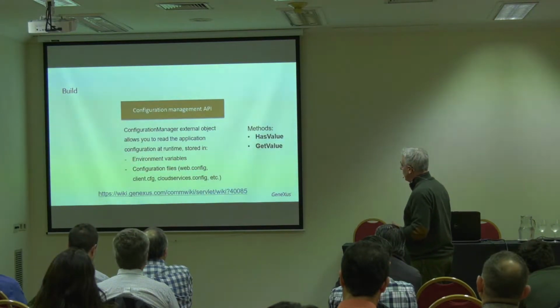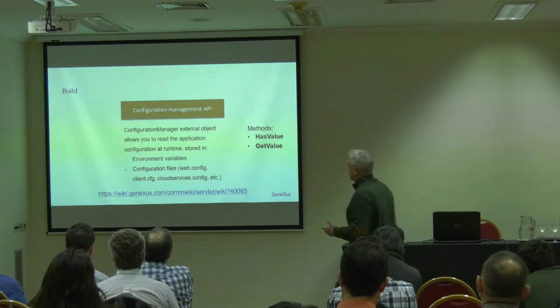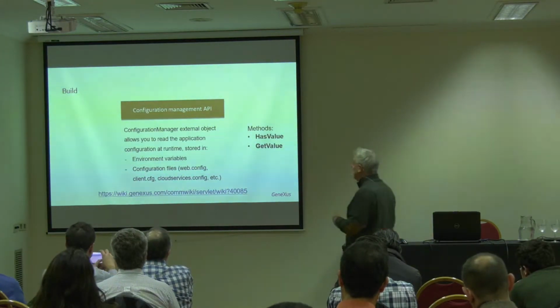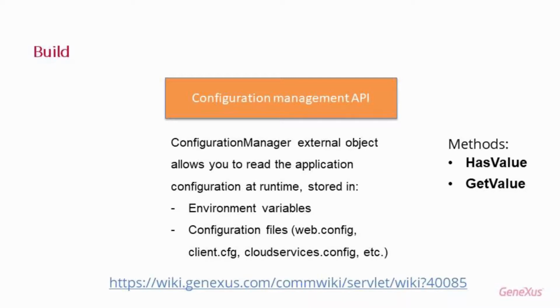Another thing we find in version 16 is an API that allows us to see the configuration that is being used in the execution of the application. That configuration is normally kept in the web.config files or Cloud SG or Cloud Service Config, and it was generated by GeneXus, but for some servers or some applications, we used to do something manual with these files.